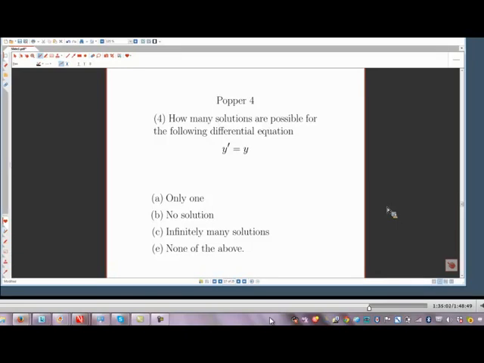You can do it in a second. How many solutions are possible for the following differential equation? Only one, infinitely many, none of the above. I have already told you in the previous example, given a differential equation like this, how many solutions do you have? That's right, it's option 4.